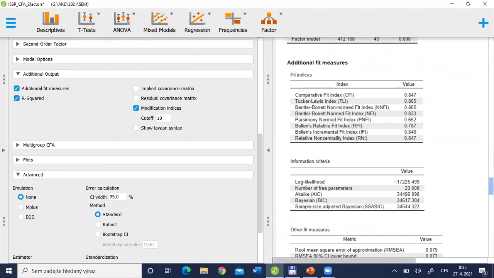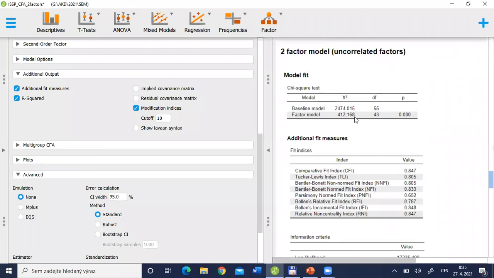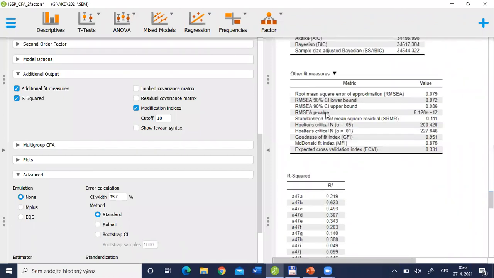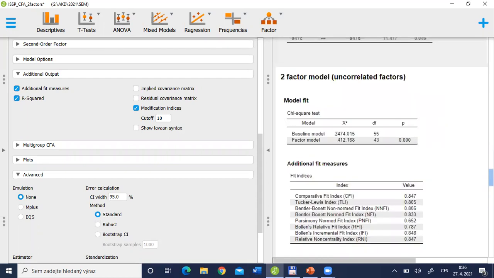So first of all, I would like only to remember this value, approximately 400 points for chi-square, and for CFI and TLI approximately 0.85 and 0.81, and also for SRMR the value which was critical was 0.11 approximately.